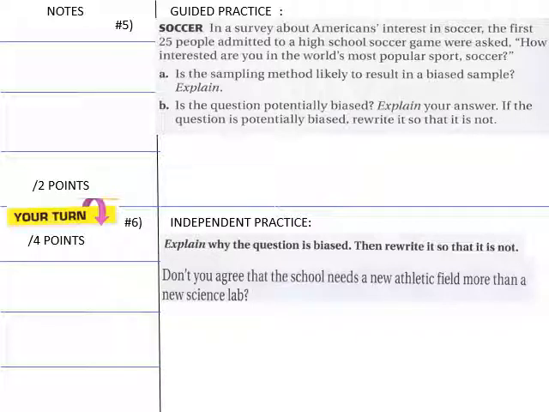Okay, so this is guided practice number 5. Soccer question here. In a survey about Americans' interest in soccer, the first 25 people admitted to a high school soccer game were asked, how interested are you in the world's most popular sport? Is the sampling method likely to result in a biased sample? Explain. Is the question potentially biased? Explain your answer. If the question is potentially biased, rewrite it so that it is not. And then students, here's your question for your independent practice.